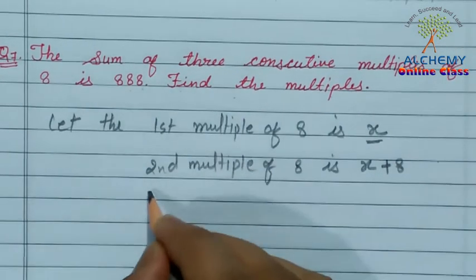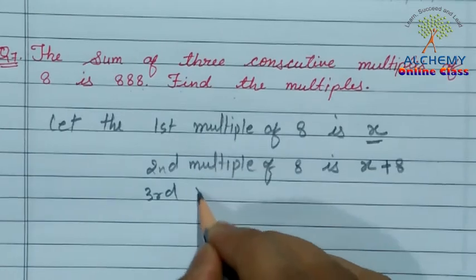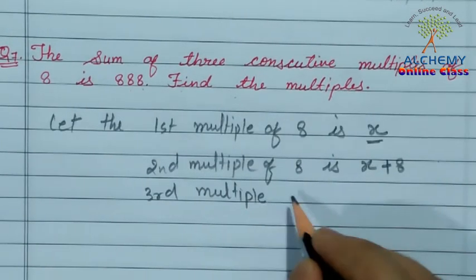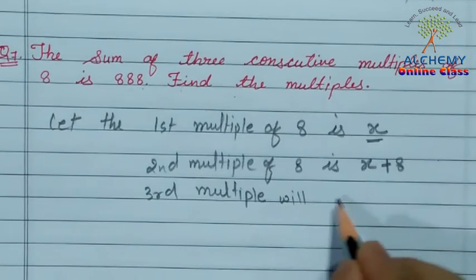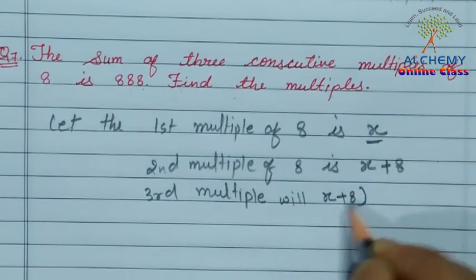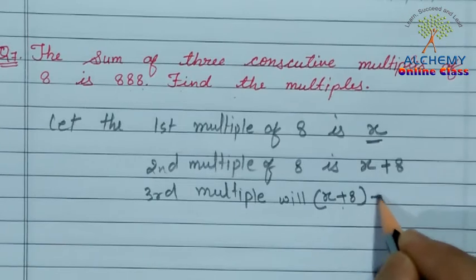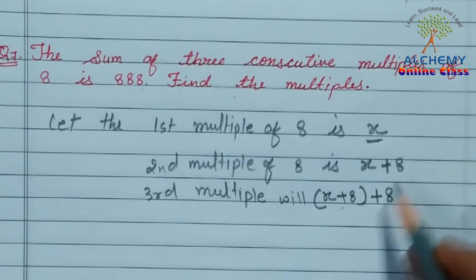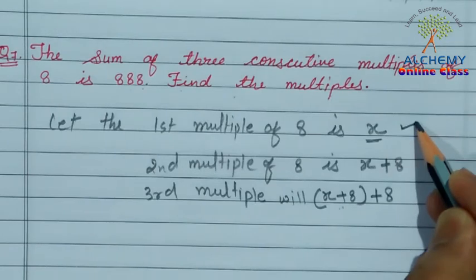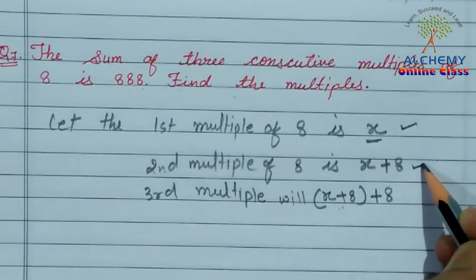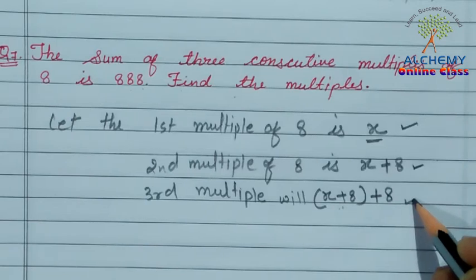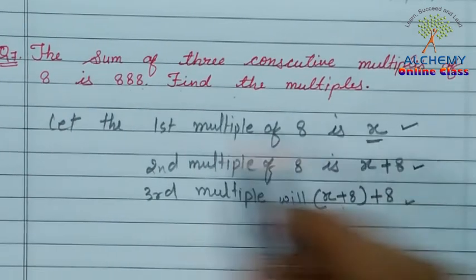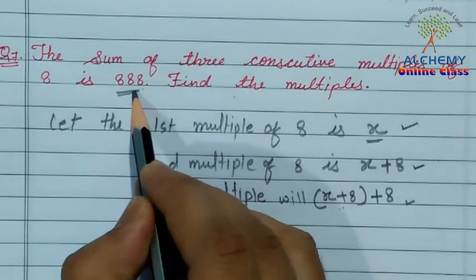And the third multiple will be x plus 8 plus 8, because when we add 8 to the second multiple, we get the third multiple. So this is the first multiple, this is the second multiple, and this is the third multiple of 8. When we add these three multiples, we get the result 888, as given here.